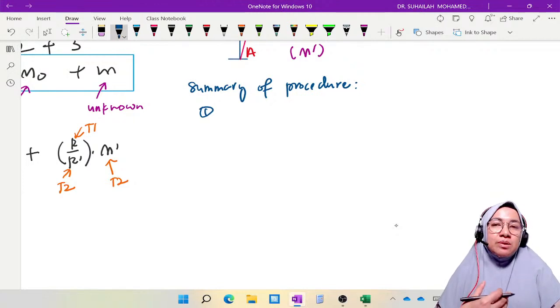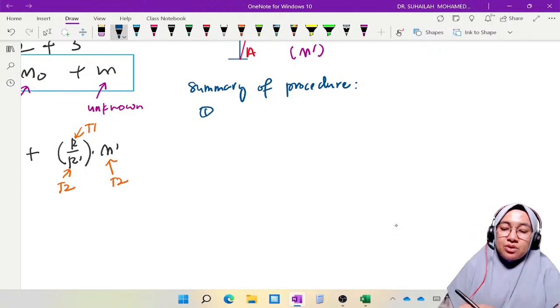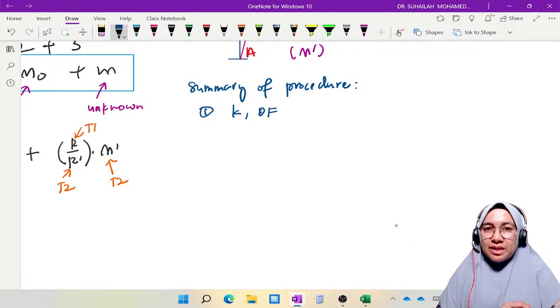We calculate the distribution factor from the stiffness factor. Distribution factor is equal to member stiffness factor divided by joint stiffness factor, and we use it to distribute moment in the table. So we have to calculate K as well as DF. That is the first step.